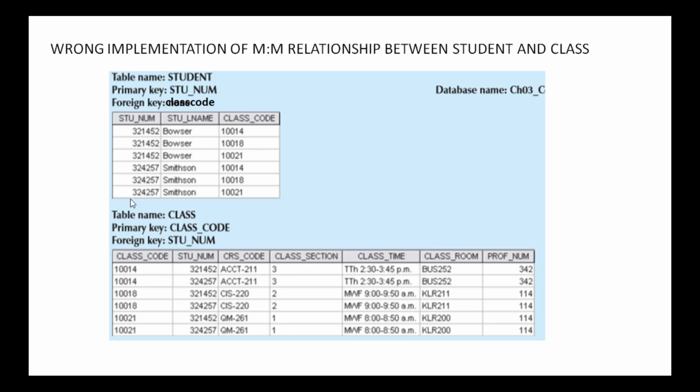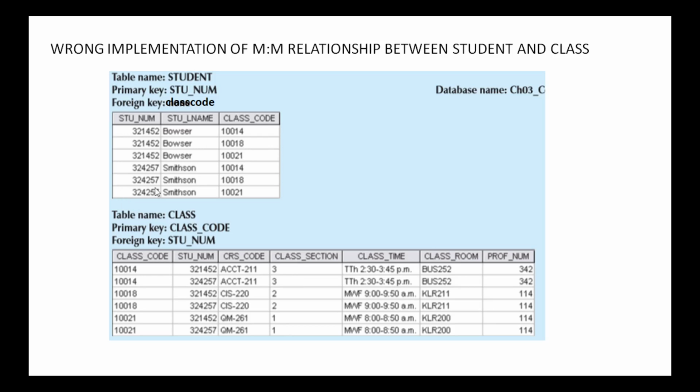But in this example, in these tables, there is no primary key. Why? Because one student can enroll for many classes. That's why 321452, Bowser enrolled for 3 classes, 10014, 10018 and 10021.